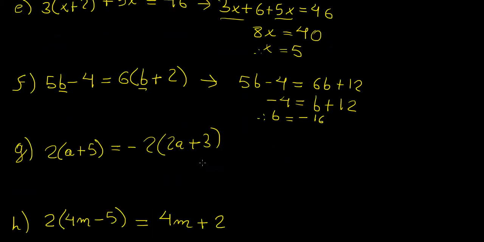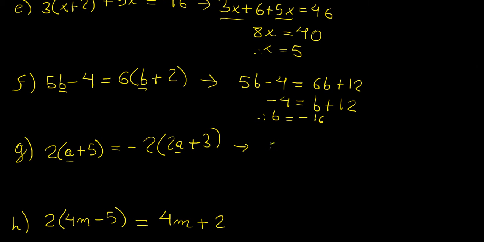For this question here, we have a similar situation. We want to solve for a. So we could, in theory, just expand each side. But then what we notice is we have a 2 here and a 2 there. They're both multiplying those factors inside the brackets. So what we can actually do is divide both sides by 2 so that these two cancel out.